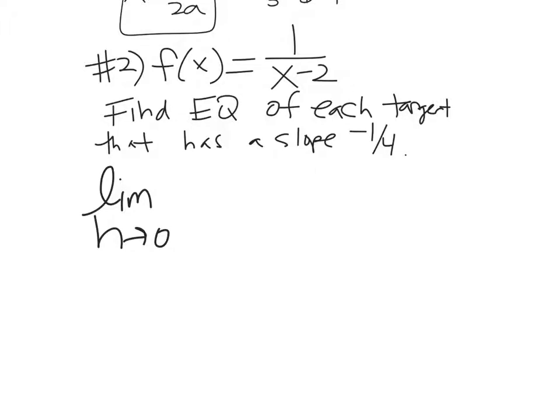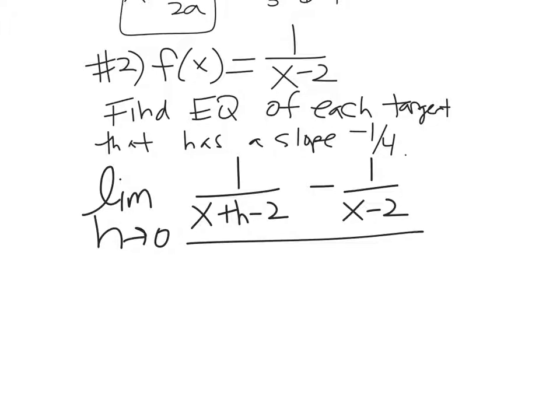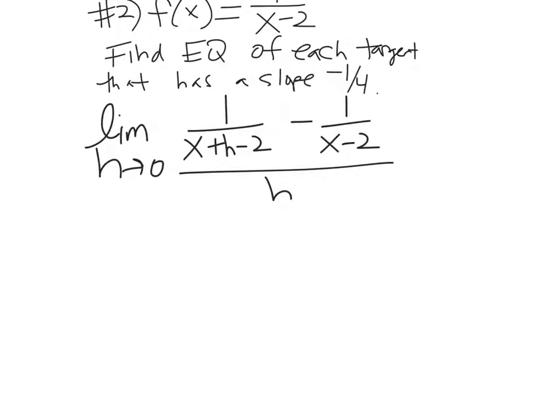This is good practice: the limit as h goes to 0, and use the function 1 over x minus 2. So you get 1 over x plus h minus 2, minus f of x, all over h. You need a common denominator.